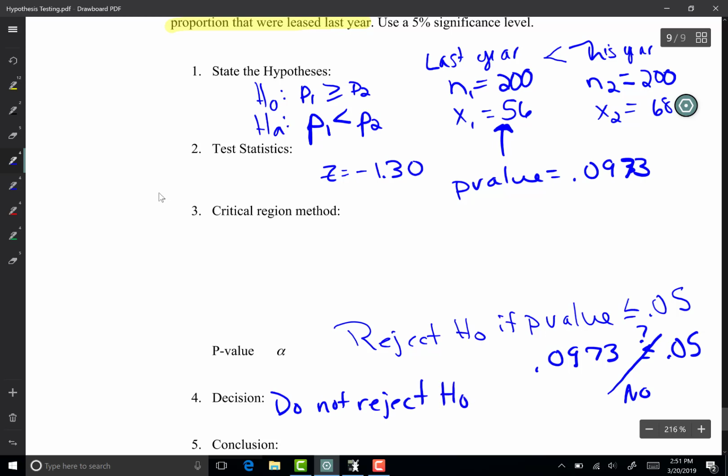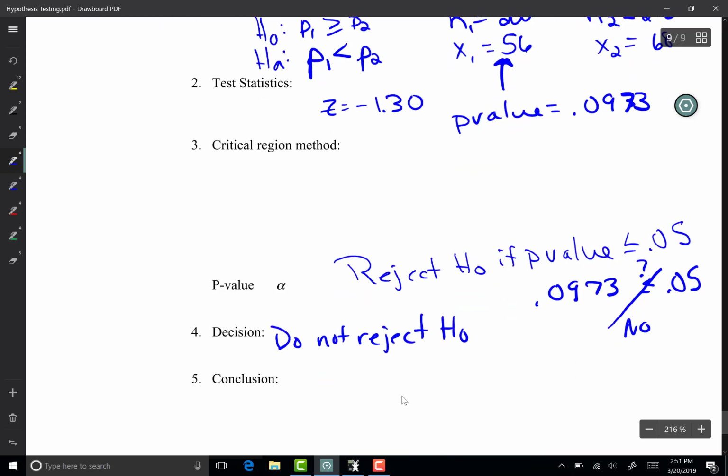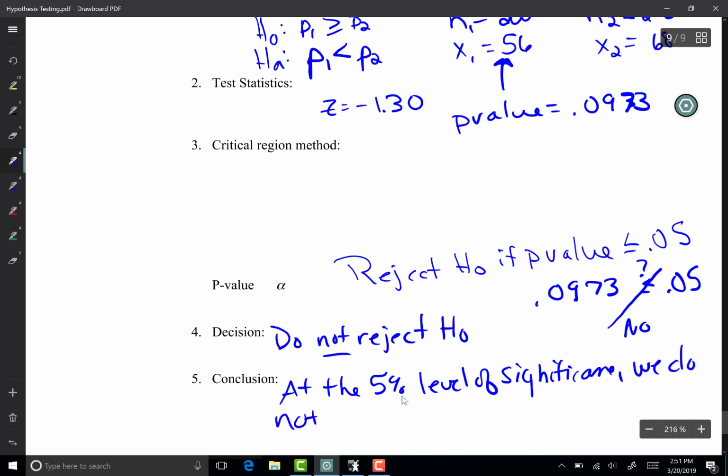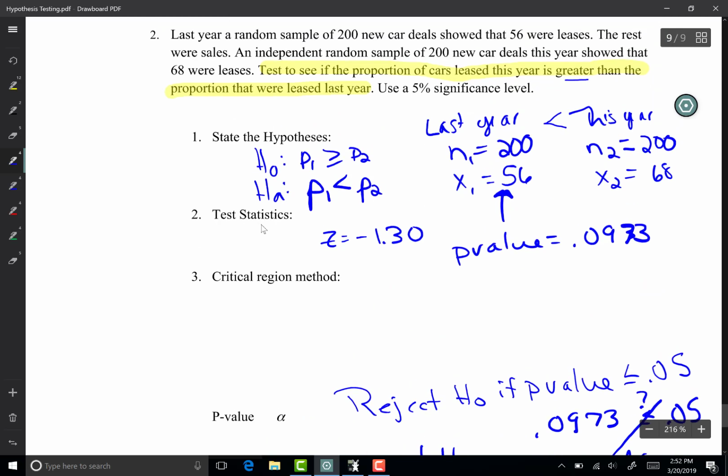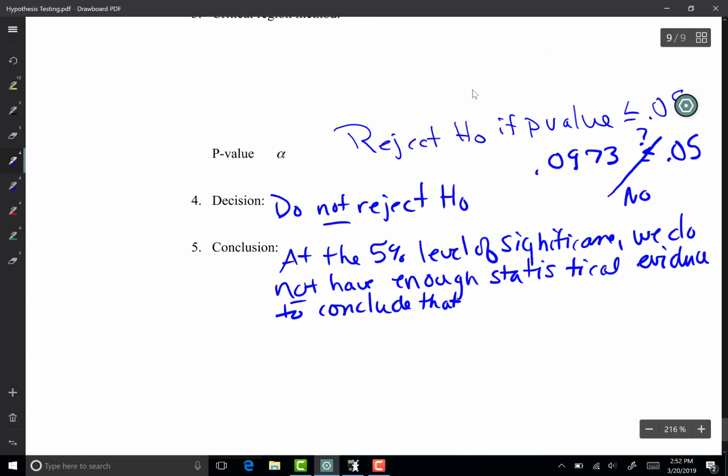Make sense? Remember, if we say no, then it's "do not," which means at the 5% level of significance, we do or do not have enough evidence. That's right, we do not. Remember, the nots go together. We do not have enough statistical evidence to conclude that, and then we go back up to see what we're testing: the proportion of cars leased this year is greater than the proportion that was leased last year.